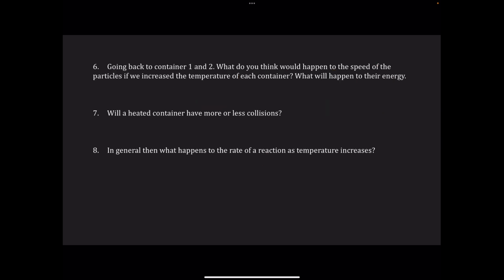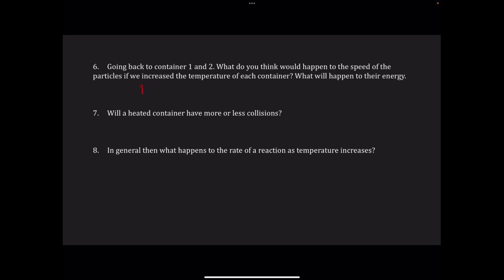Going back to container 1 and 2, what do you think would happen to the speed of the particles if we increase the temperature of each container? What would happen to their energy? So we've got to remember that temperature is a measure of the kinetic energy of our particles, and that is the energy of motion.